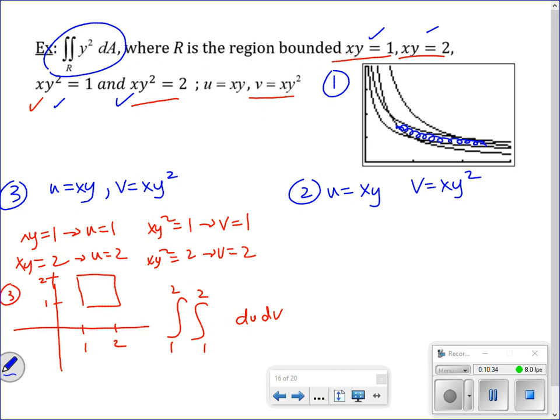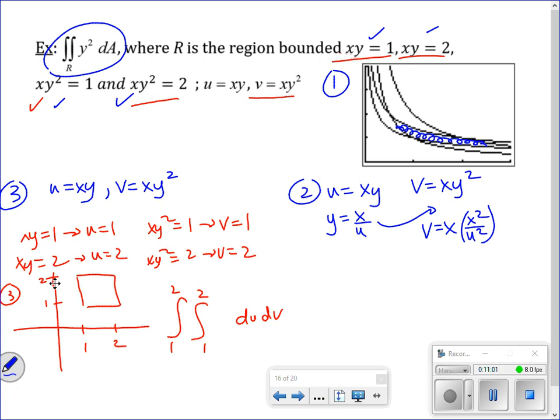So if I want to find an equation for, I could do y equals x over u, and go ahead and put that in there. So I get v equals x, and y is x over u, so it'd be x squared over u squared. All right, so let's see what that does for me.